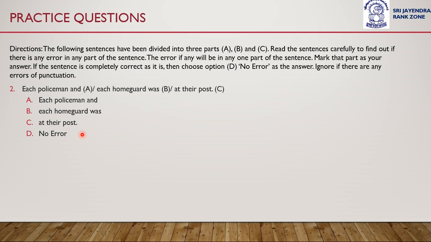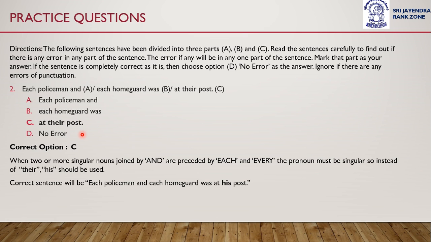Okay, so I hope all of you have marked your answers. The correct answer is C. Why C? Because when two or more singular nouns joined by and are preceded by each and every, the pronoun must be singular. So instead of their, his should be used.